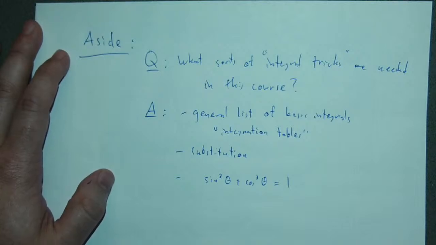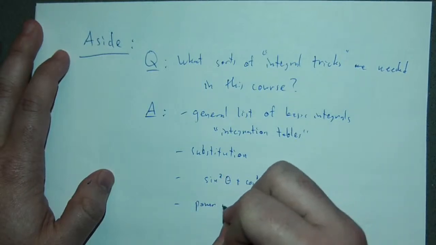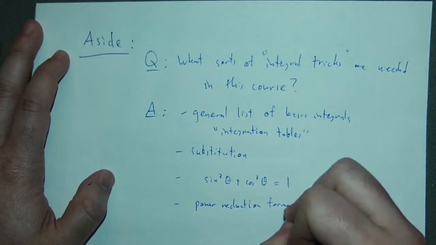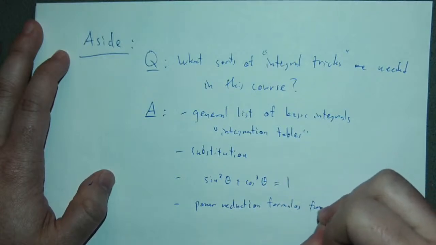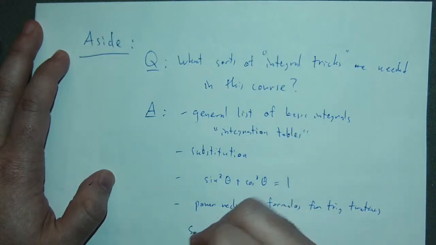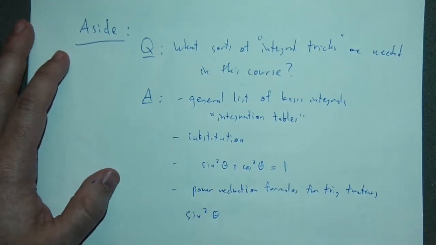The thing that is maybe a little non-standard that you should know is power reduction formulas for trig functions. What are those? Well, the basic ones are for sine squared and cosine squared.